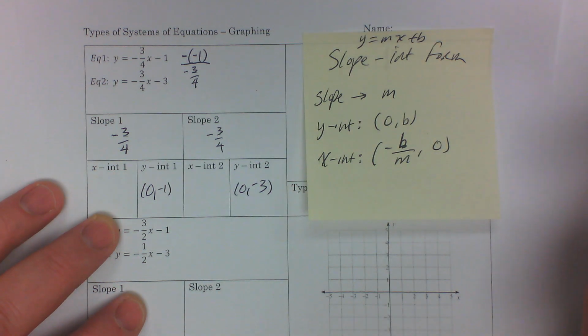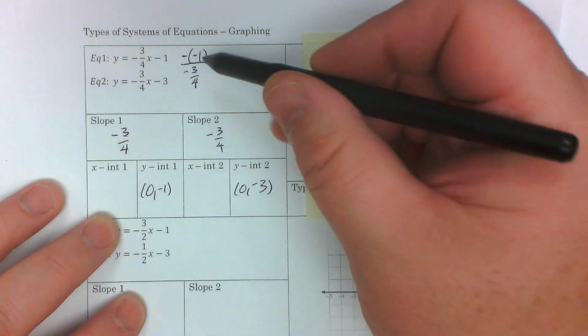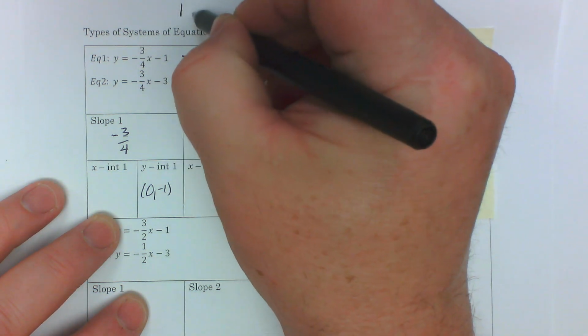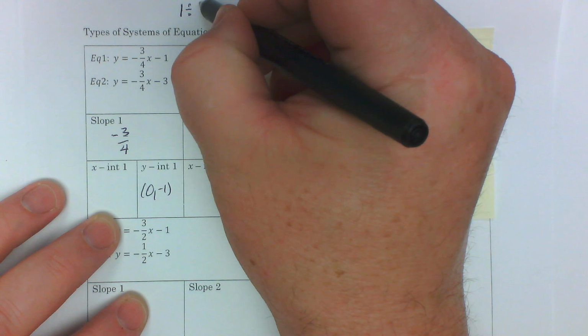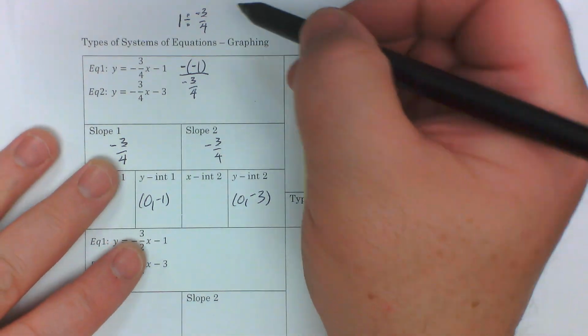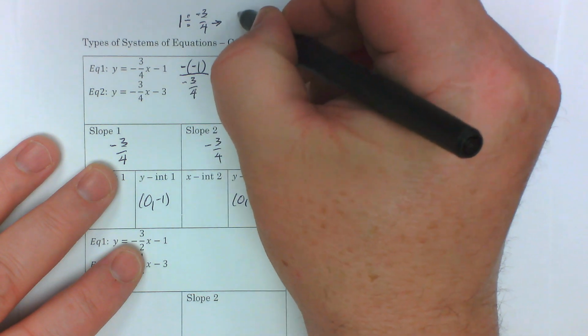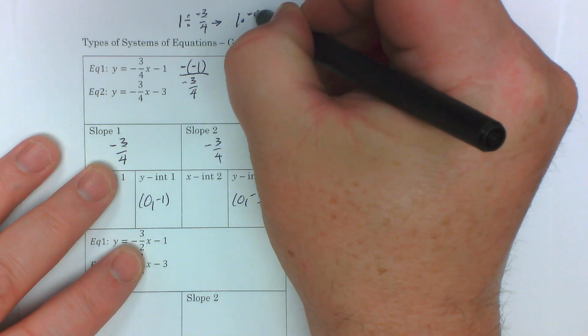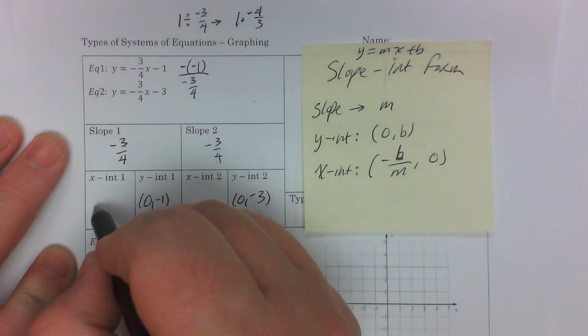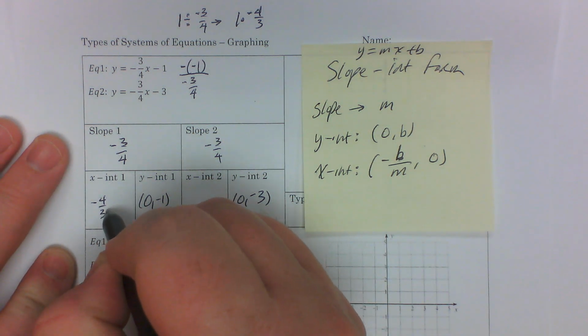Now that might look horrifying, but it's not too bad because this is just division. I know a negative times a negative is positive, right? And what ends up happening when you divide by a fraction is you just multiply by the reciprocal. So this is going to be 3 times 4/3. So 3 times 4/3 is just 4, so the x-intercept is 4, comma 0.